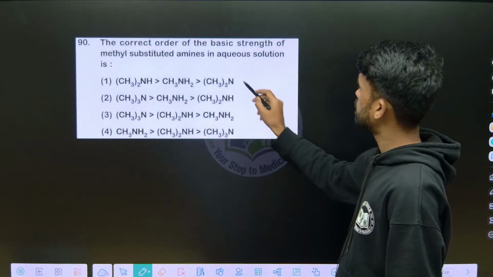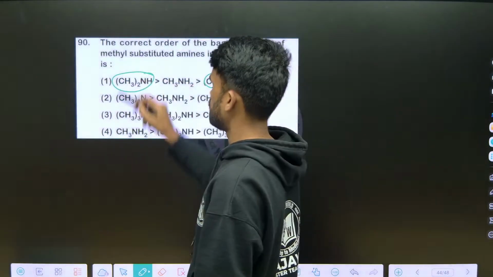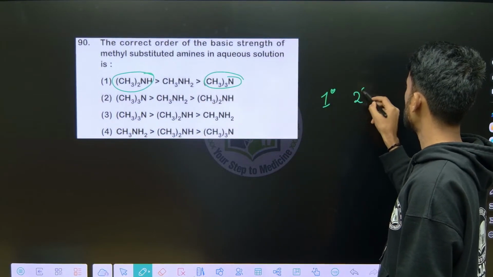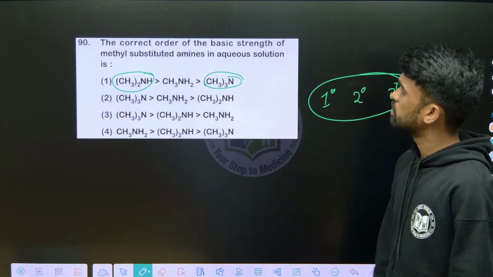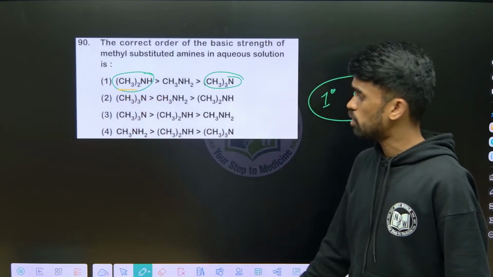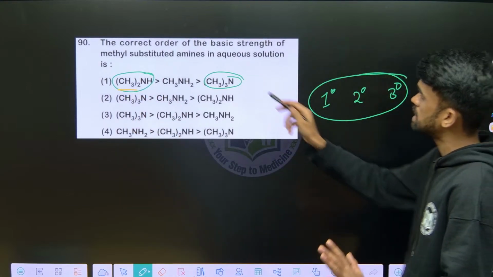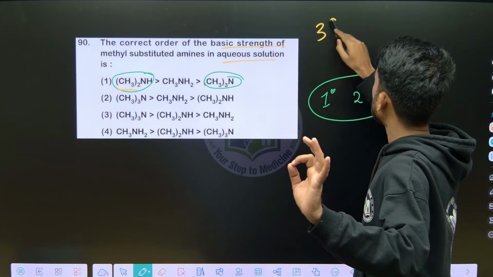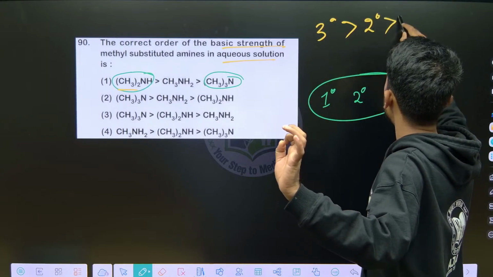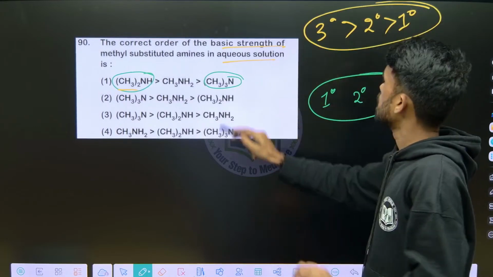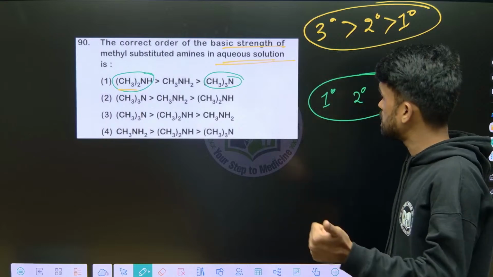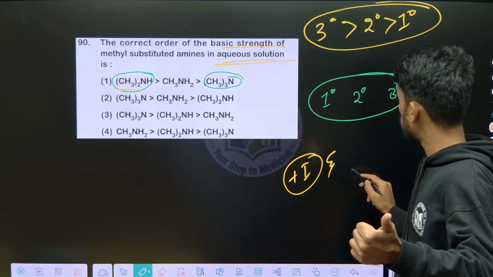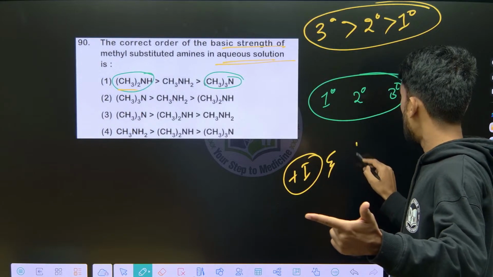Whenever amines are given, we have different amines: primary amine, secondary amine, tertiary amine. Out of these, they are methyl groups. They are asking about the basic nature in aqueous solutions. In the gaseous form, if they ask, blindly go with the order of plus I effect, all the time you can follow this. But in aqueous form, the basic nature depends upon plus I groups and also hydrogen bonding.